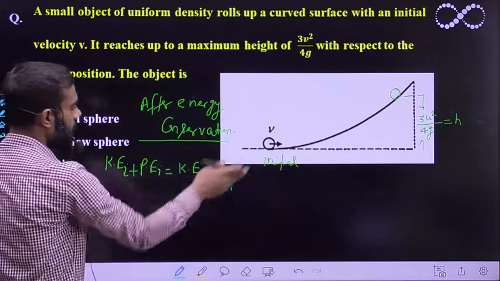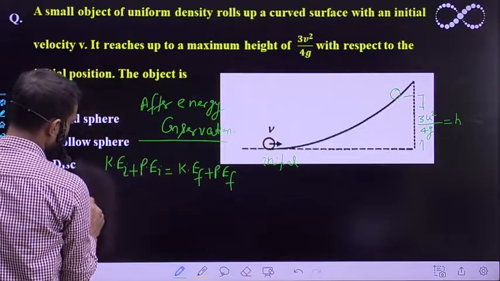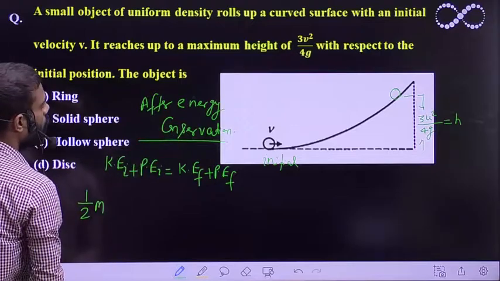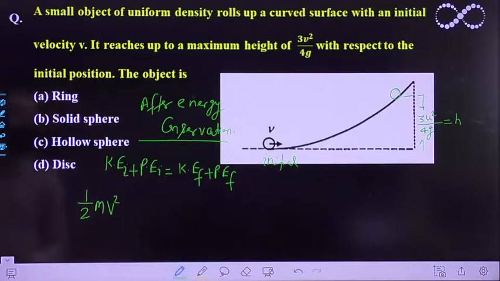So what is the initial kinetic energy? First, due to translational motion it will be 1 by 2 m into v square, as it is moving with speed v. I am assuming the mass to be m.